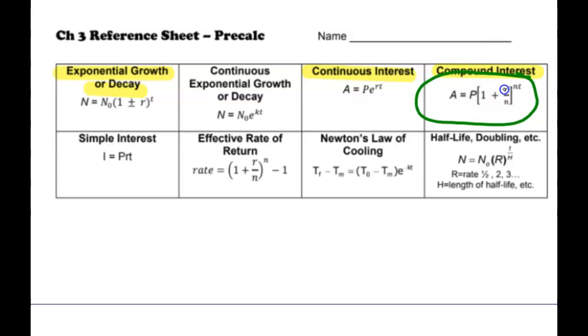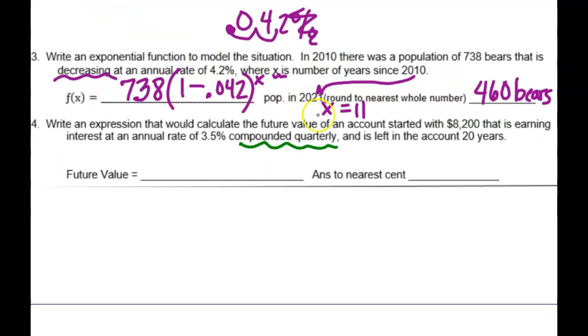Present value, rate of interest, n is the number of compoundings per year, and that's going to be 12. Did this say monthly or quarterly? I can't remember. Quarterly? Okay, so for this one, n is 4, and n in both places is 4, and then the future value in 20 years means t is going to be 20.